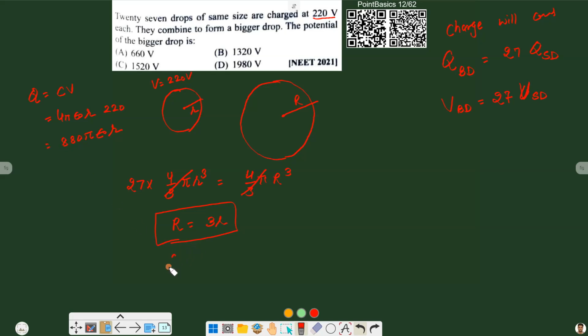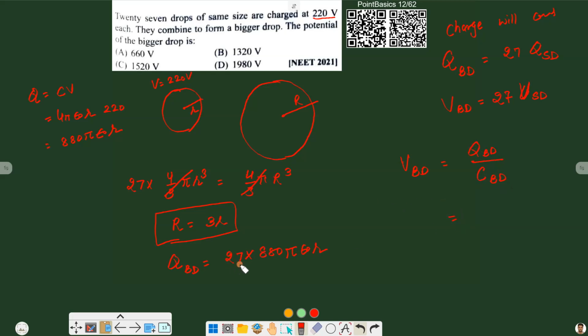So now the charge of the bigger drop will be 27 times this value, 8 pi epsilon naught small r. Now we have to find the potential of the bigger drop. The potential of the bigger drop, V_BD, should be equal to the charge of the big drop divided by the capacitance of the big drop.